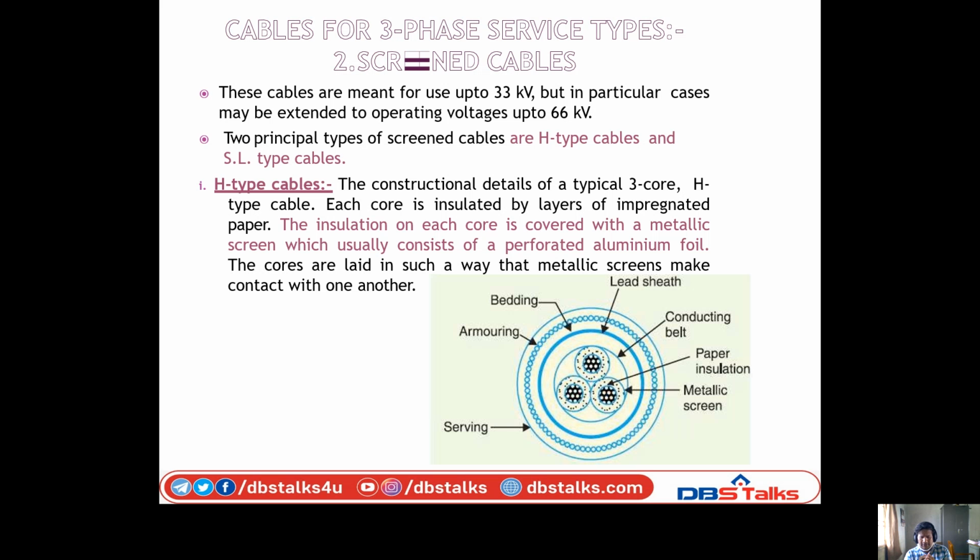Look at the figure. This shows the difference between belted and screened. Each core is insulated by layers of impregnated paper. The insulation of each core is covered with a metallic screen. This point is not there in the belted cable.